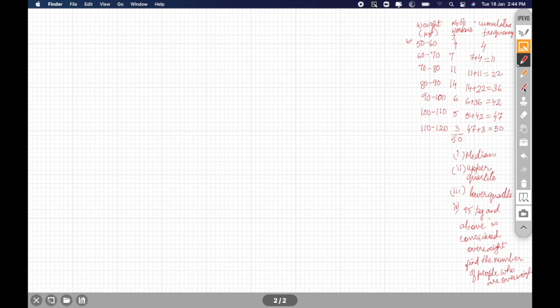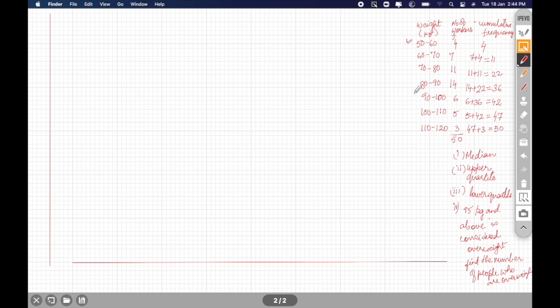So let me draw the x and y axis first. So this is the x axis. Then we have the y axis.